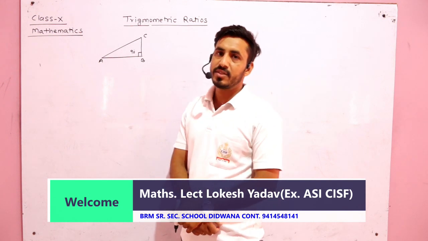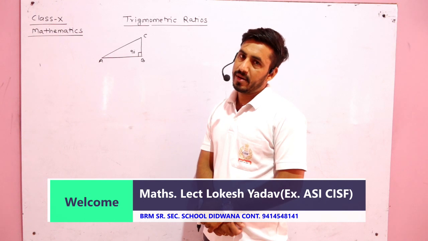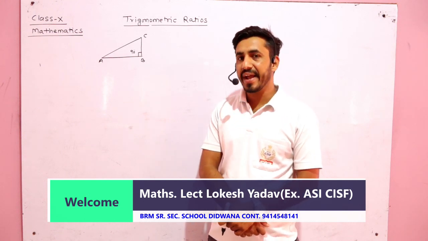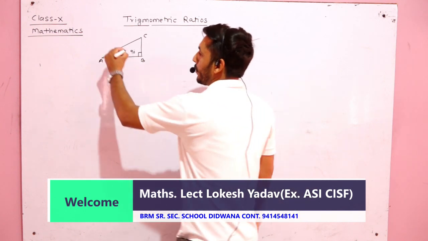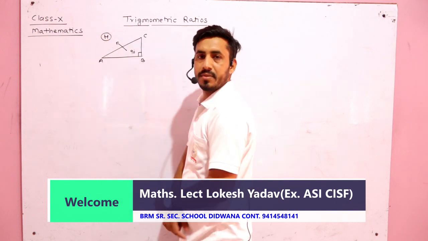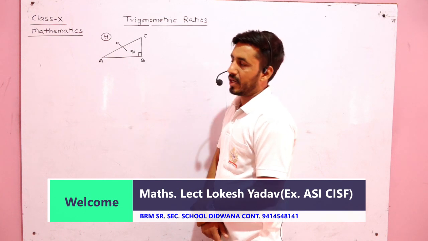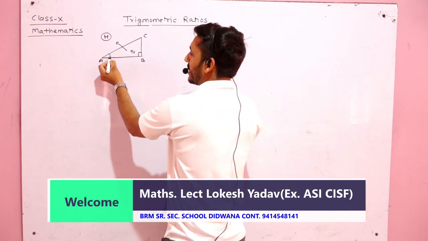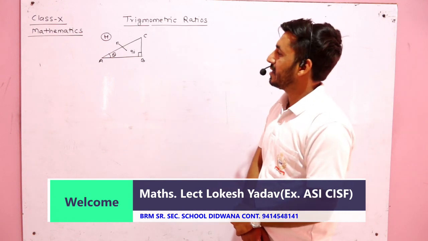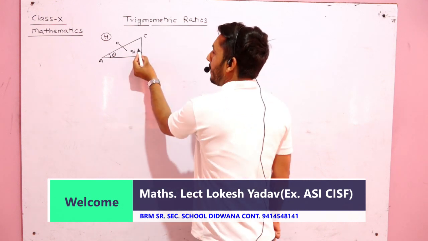In the early classes we have studied about right angle triangle, where the side in front of 90-degree angle is called hypotenuse. Means this side is called hypotenuse. If I am assuming that the angle theta is constructed at the point A, then the side in front of the angle theta is called perpendicular.